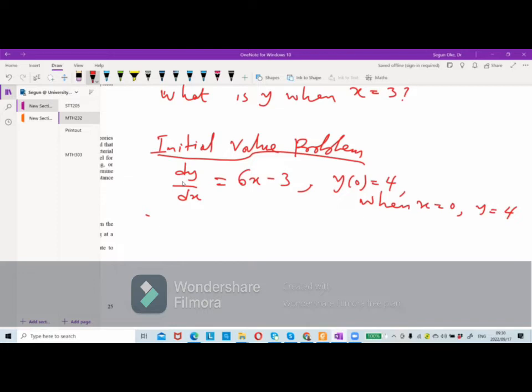When you multiply both sides by dx, dy over dx equals 6x minus 3 dx. So this one will go with this. You have dy equals, integrate it.